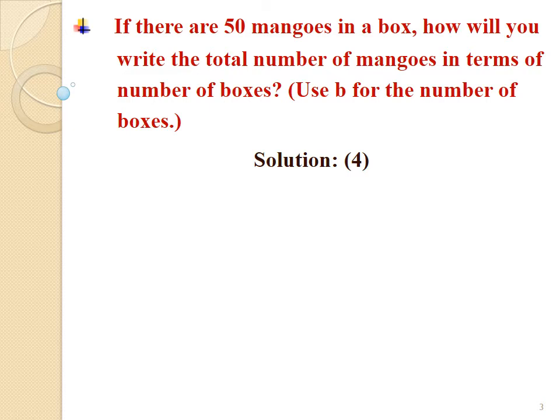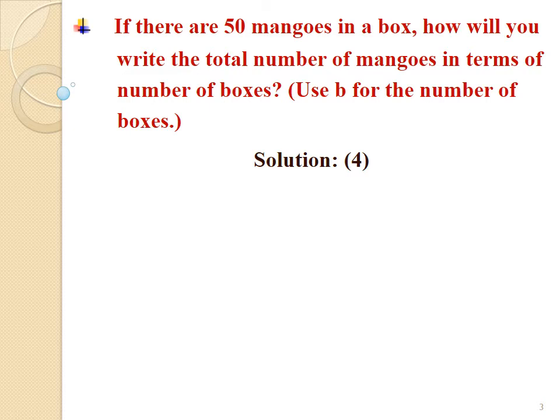Also, it is clearly given to us that use B for the number of boxes. Thus, there can be any number of boxes, say 1 box, 2 boxes, 3 boxes, 50 boxes, 100 boxes, 150 boxes, 1000 boxes, or any number of boxes. So we can say that the total number of mangoes will depend on the number of boxes.